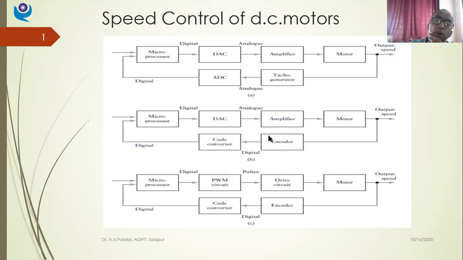Now I can use one more unit called a code converter. A code converter can convert a 4-bit code into maybe an 8-bit code, or it can convert the binary digit into hexadecimal code. What is hexadecimal? Hexa corresponds to 16, so all the numbers would be converted to the base of 16, like in binary all the numbers are based on the base of 2.